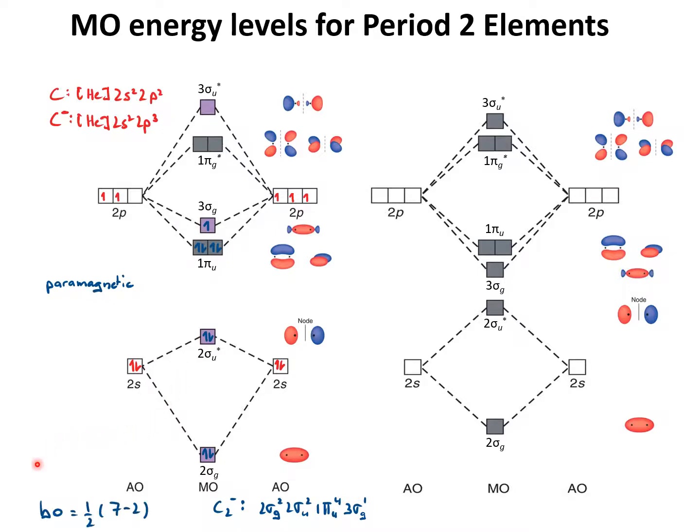So for C2-, we would have the bond order equals 1/2 times 7, where we have 2, 4, 6, 7 electrons in bonding molecular orbitals, minus 2, because we have 2 electrons in antibonding MOs, which gives us a total bond order of 5/2. And this is the information that we can obtain from the MO diagram for C2-.